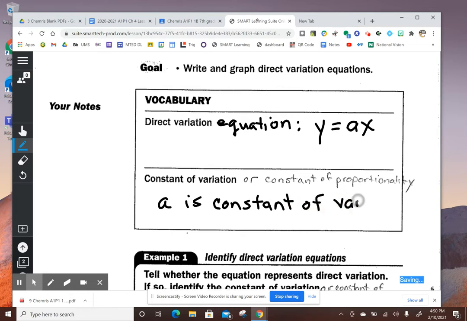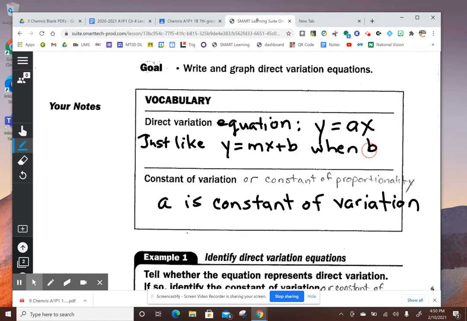So you should be taking notes on this. Now, a direct variation equation is just like y equals mx plus b when b equals 0.